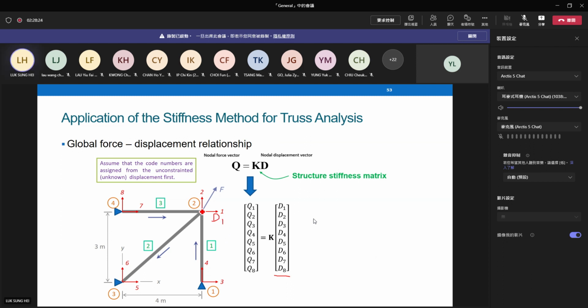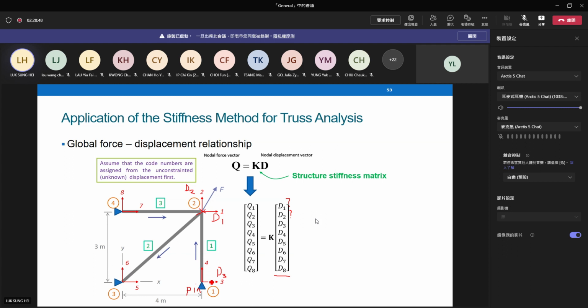Say, for example, what is D1? D1 is at node 2. We simply say node 2 is a free end. Free end means free to move. D2, we also have no idea what D2 is. D1, D2, two question marks because they are at the free end. Then what is D3? Pin support.